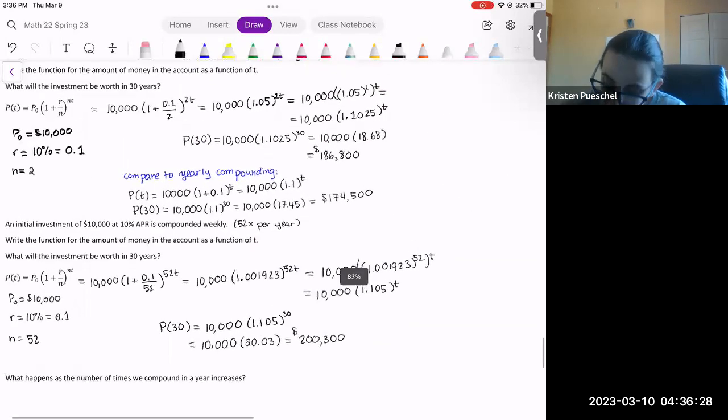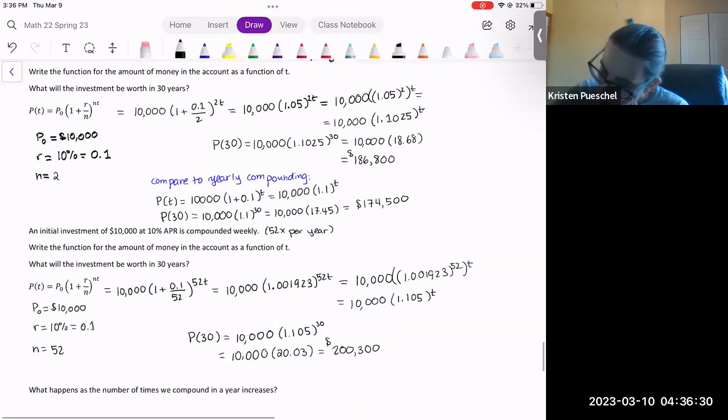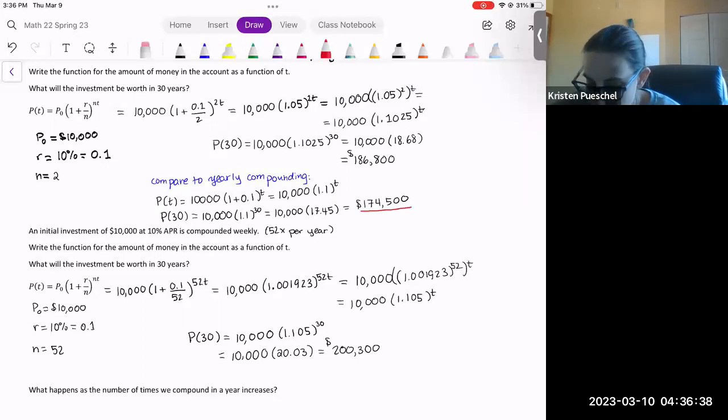Okay, so what have we noticed? If we compounded once a year, at the end of 30 years, we'll have $174,500 in our account. If we compound twice a year, that same initial investment, we'll have $186,800.